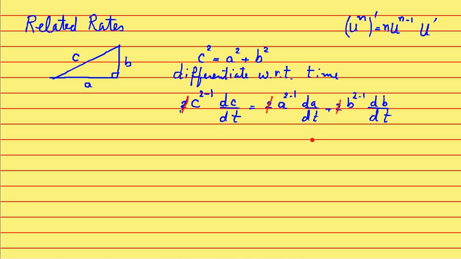They're always there. You can cancel them. Instead of 2 minus 1, just write 1, and then you'll have this nice relation, c c prime is equal to a a prime plus b b prime. Again, the prime here means rate of change with respect to time.